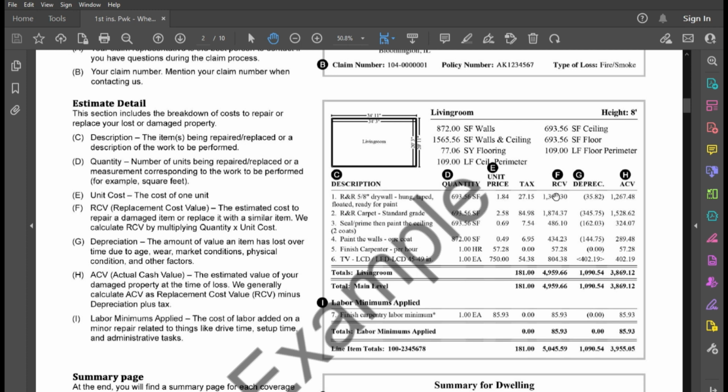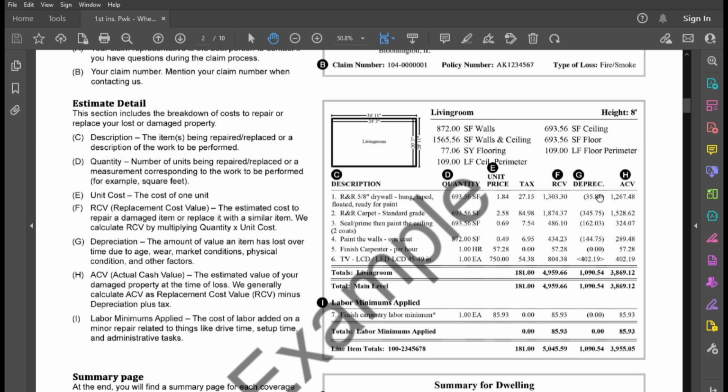Now, based on how old the material is, how long it's been in service, depreciation is going to vary quite a bit. So a roof is probably a really good example of that. A lot of people understand that terminology and the age and things like that. So we'll talk about a roof for a second. Now, let's say you have a 30-year shingle on your house, right? It's been 15 years.